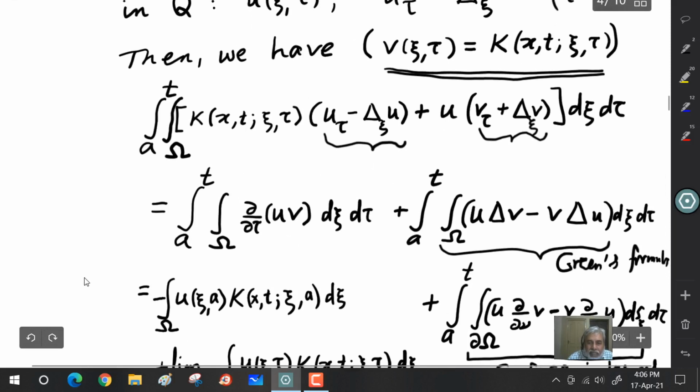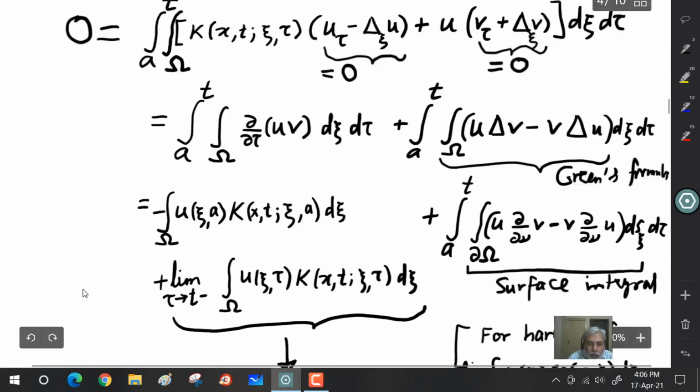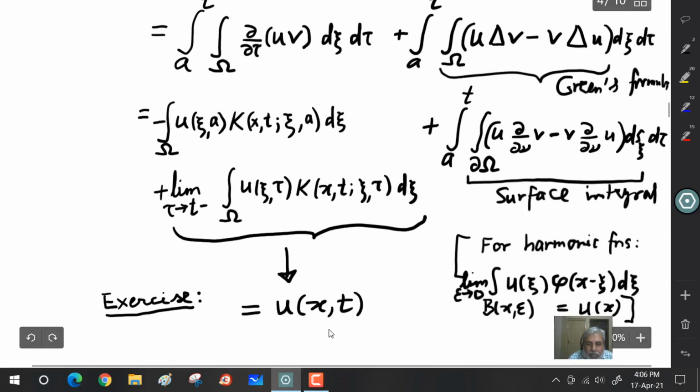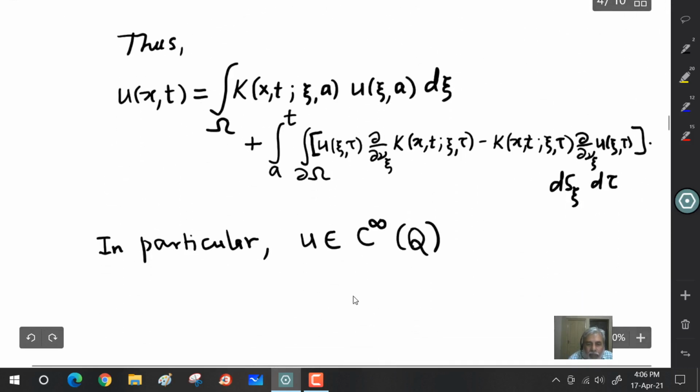You are assuming u satisfies the heat equation, so that is 0, and we just verified that this is also 0, so the left hand side is 0. Now this one gives you u x t, and you bring these two integrals to the other side, and we get this formula for the heat equation.